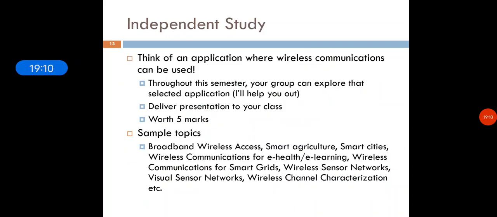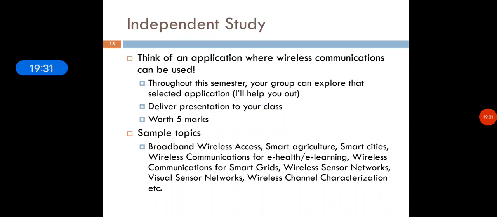So this is your assignment. You have to think about one application where wireless communication can be used, throughout the semester. It is worth 5 marks.